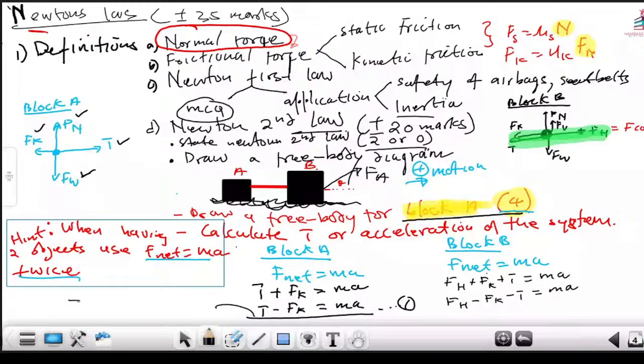Then maybe one can say, let's make T the subject of the formula here. It will be MA plus FK, but in this instance it's going to be FH minus FK minus MA, which is just equal to tension.